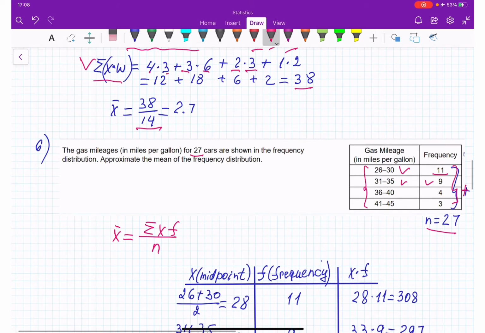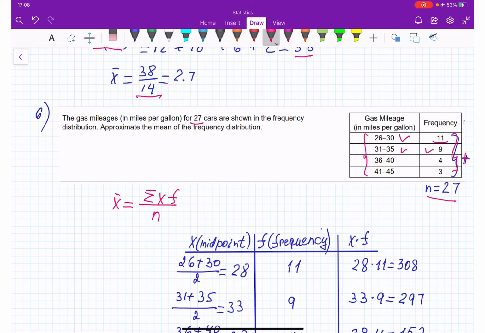We need to find the average for the frequency distribution, because here we have not just data, but a distribution of frequency, where the total 27 is distributed among 11 cars, 9 cars, 4 cars, 3 cars, based on gas mileage per gallon.